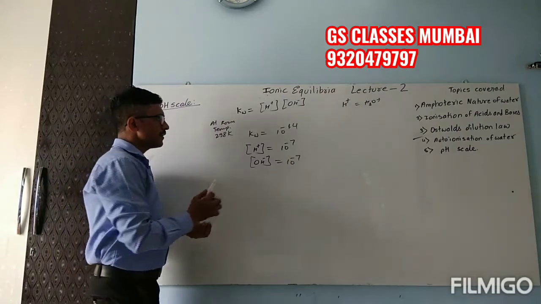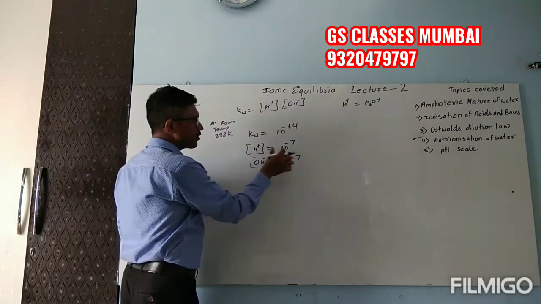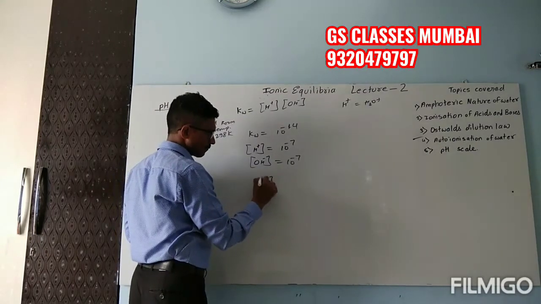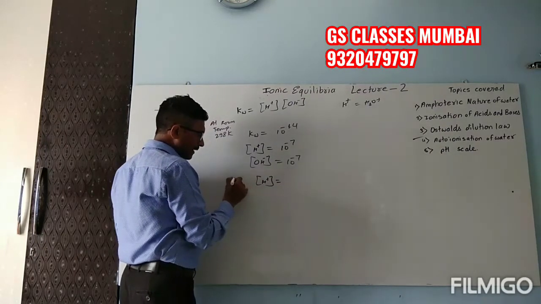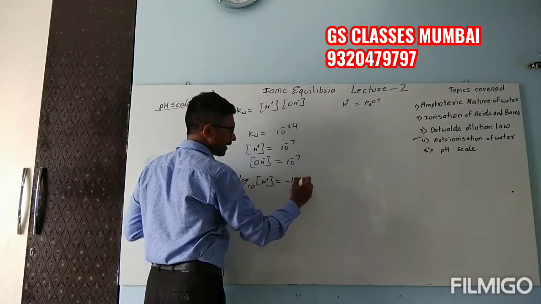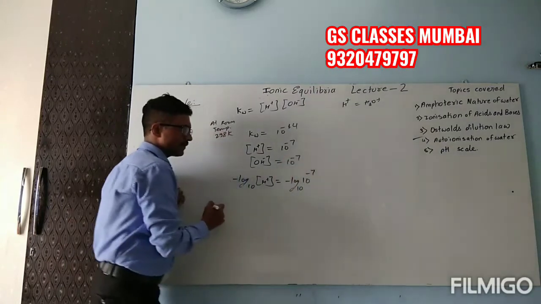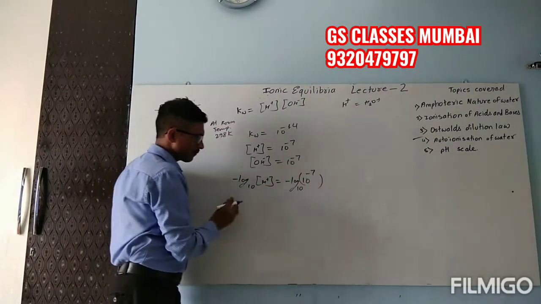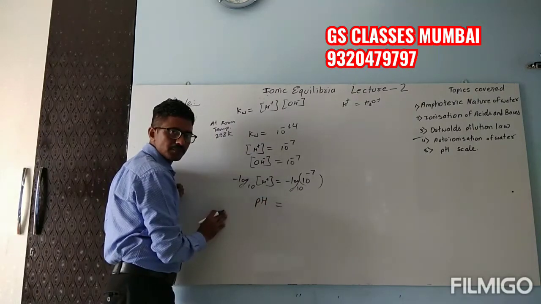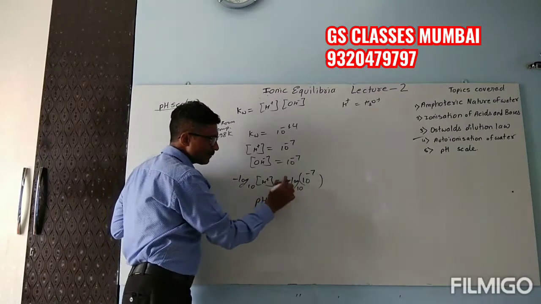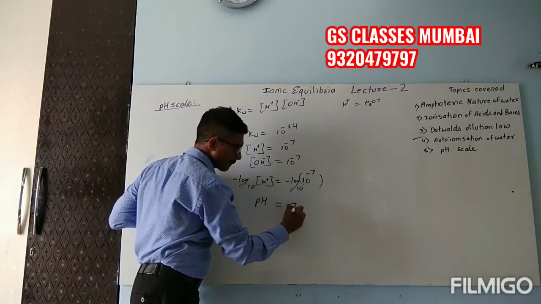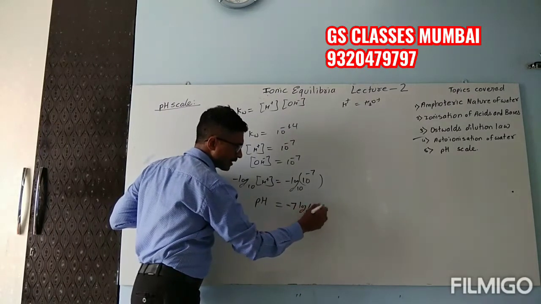Henceforth, hydrogen ion concentration we can express by taking negative log to the base 10, 10 to the power minus 7. This entire thing was expressed as pH. Now minus and minus, now it will become plus 7. Log 10 to the base 10 will become 1.